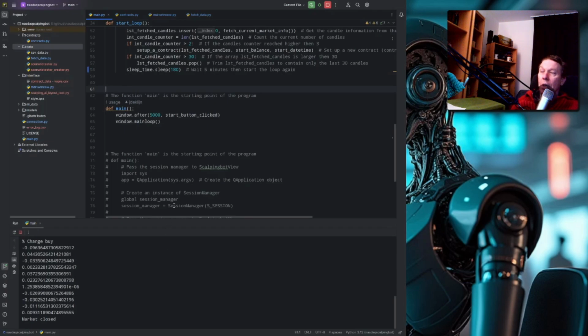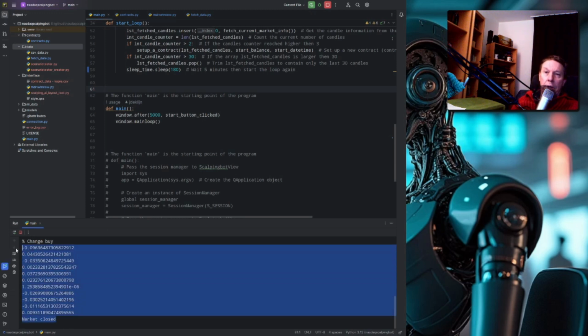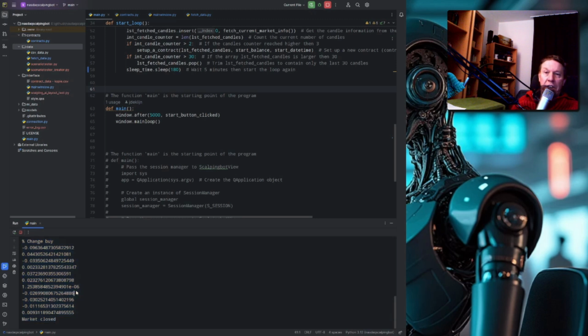If you look at the code and you see down here already market close and a lot of numbers, those who have been following this channel for a couple of weeks know that I print out these numbers just to find out what the bot is doing.